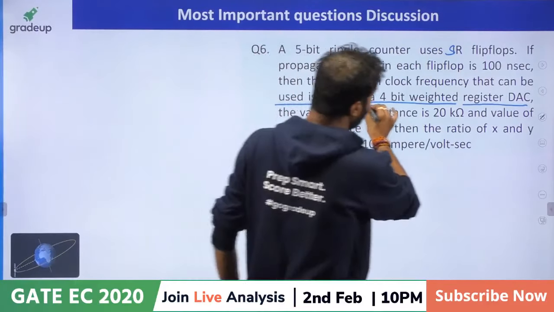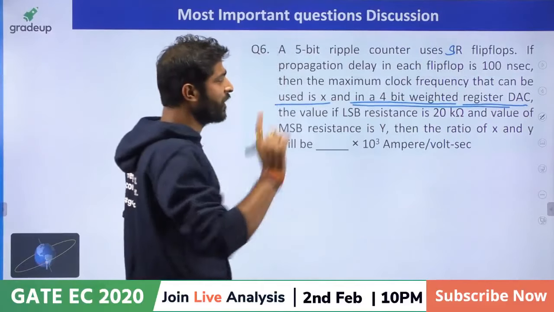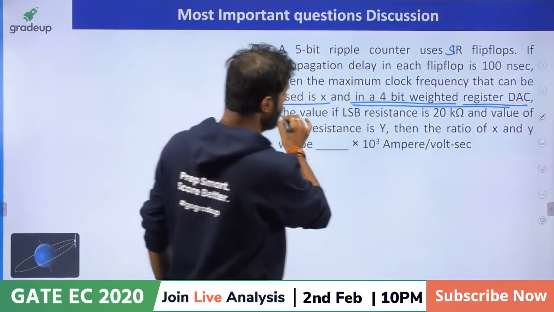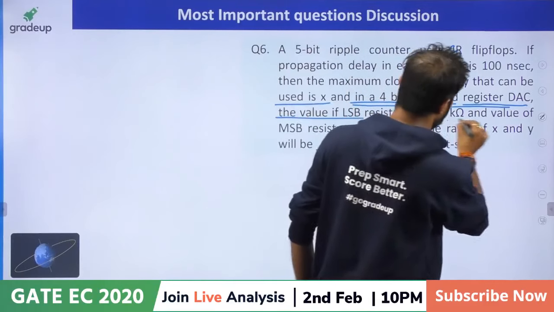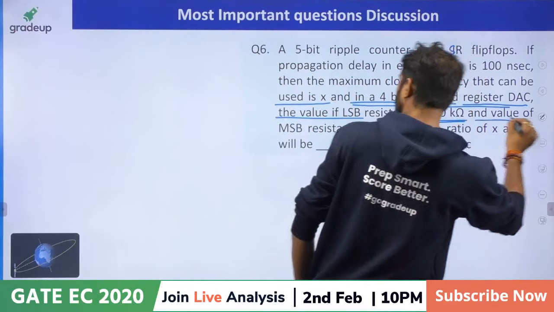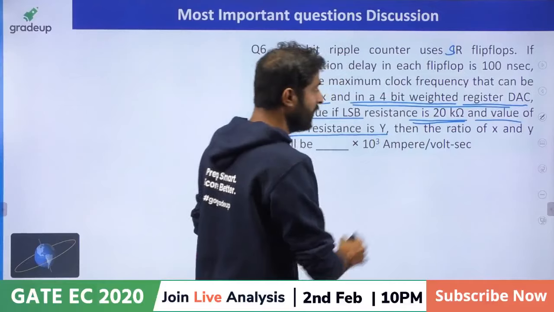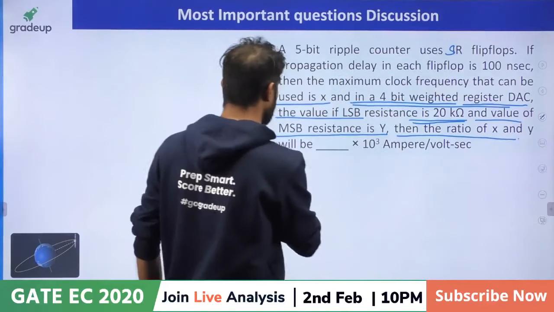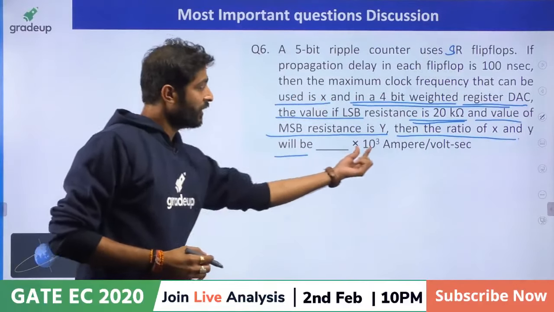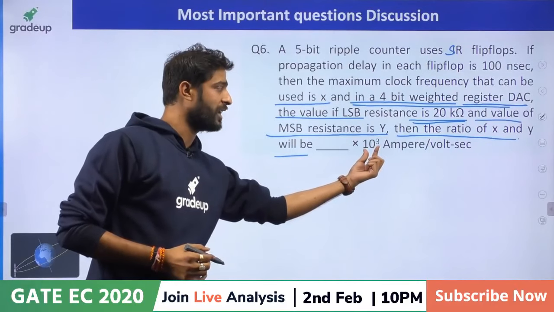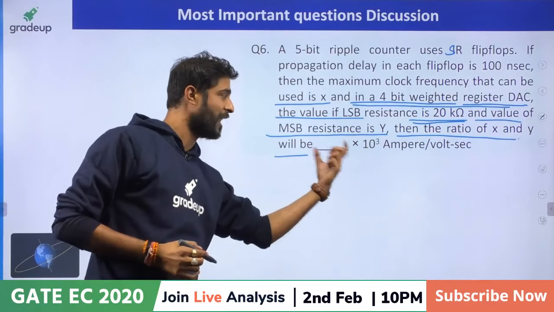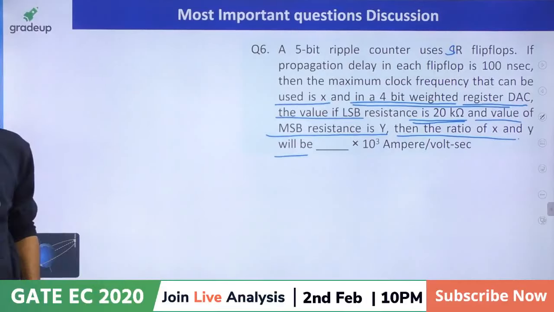In a 4-bit weighted resistor DAC, the value of the LSB resistor is 200 kilo ohm and the value of the MSB resistor is Y, then the ratio of X and Y will be? The 10 raised to power 3 is already given in the problem, so we have to use only the value in decimal as given.